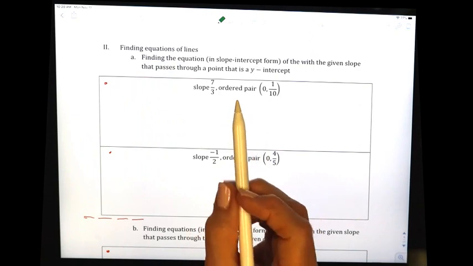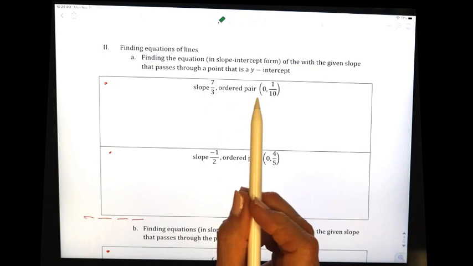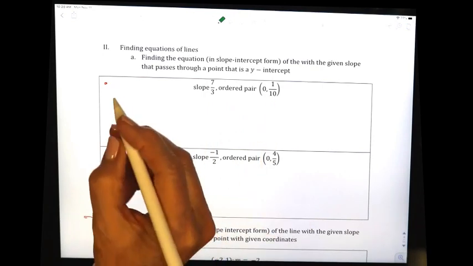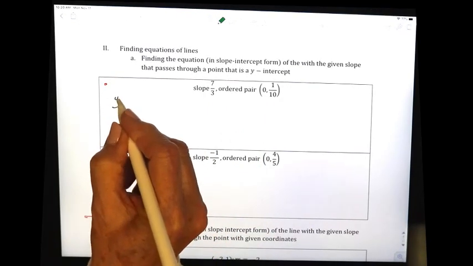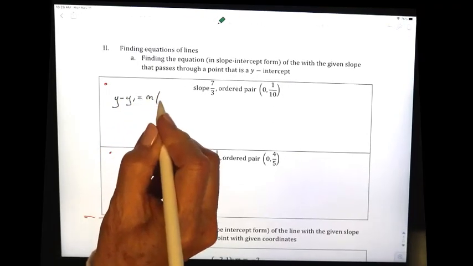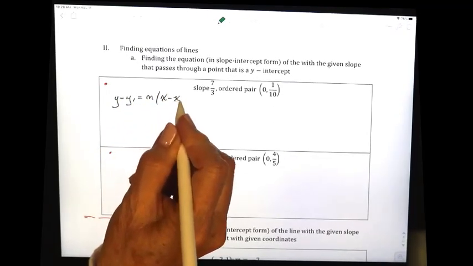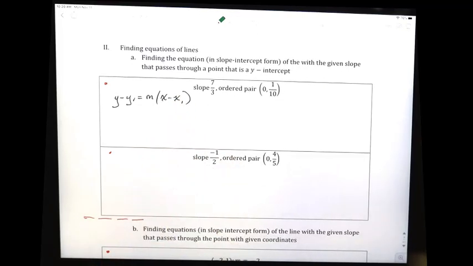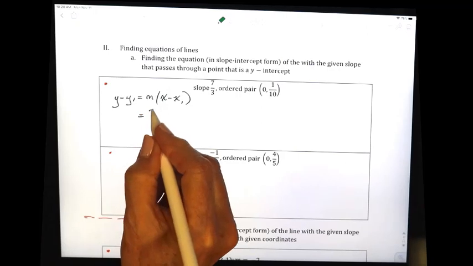So when you know these two pieces of information, the slope and the point, you want to use this formula. And it's pretty easy to see where the slope substitution is going to go.